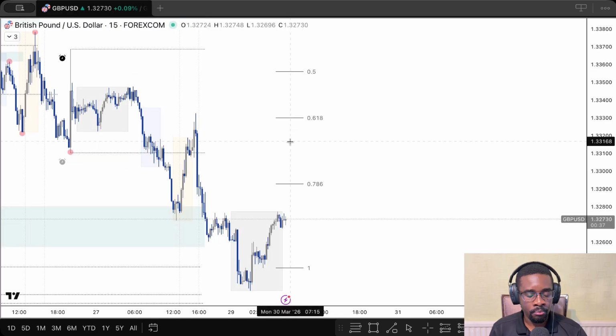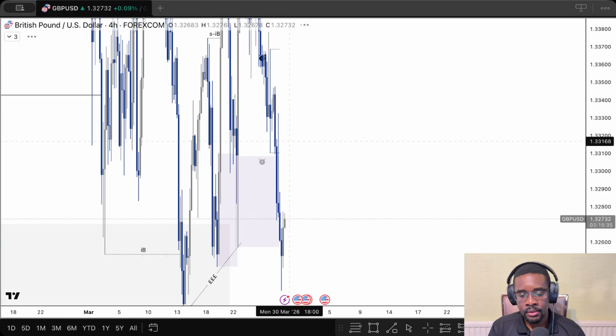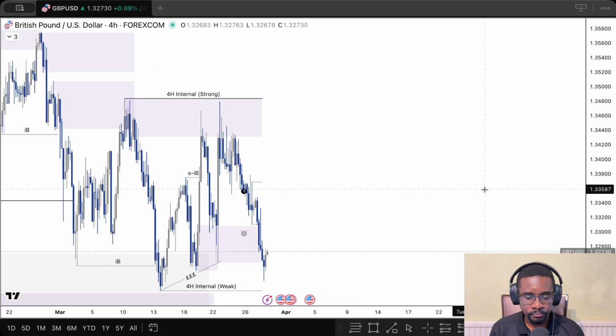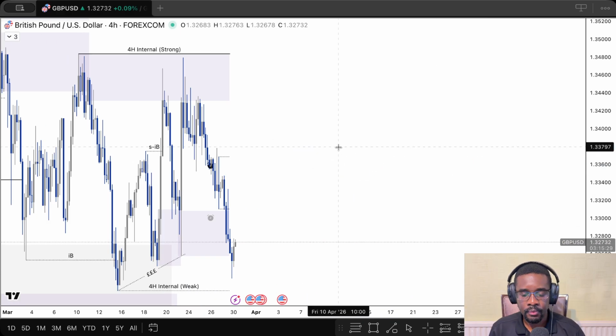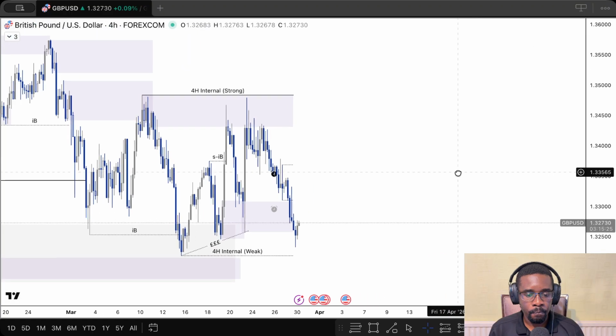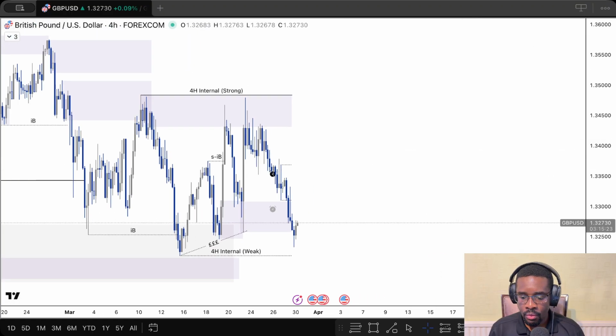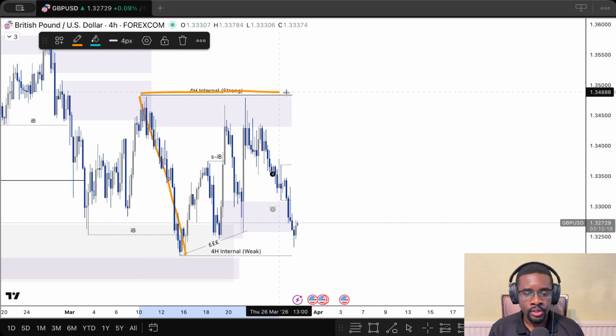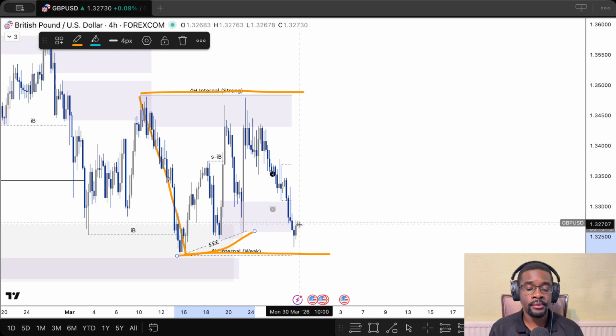And then looking at the pound, let's come back up to the 4-hour. So looking at the 4-hour, this is our range still being respected. Okay, and then this is our trend line, which I was expecting to be liquidated.